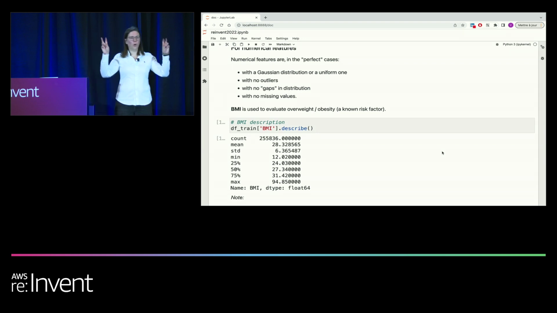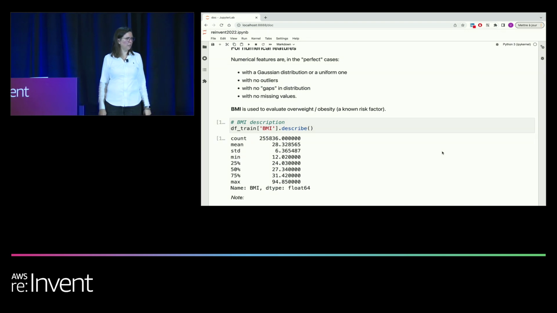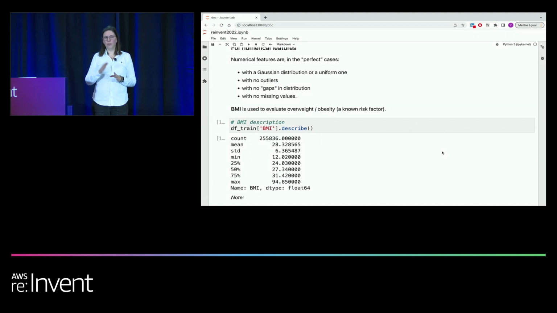You are in the normal category for the weight if you are between 18 and 25. 25 to 30, it is overweight. 30 to 35, it is obesity. More than 35 is severe obesity. And we have someone with 94.